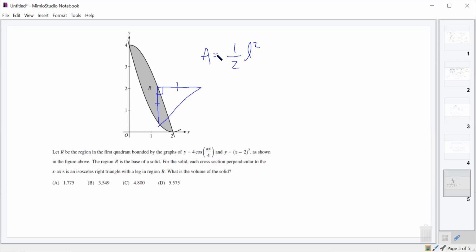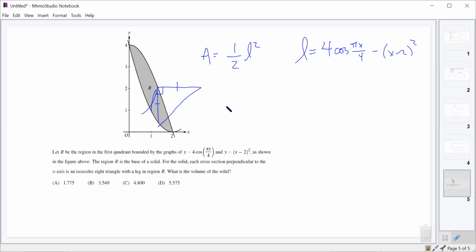So, yeah, base times height, and base and height are the same since it's isosceles. What is the length of this? Well, it's just the distance from the upper function to the lower function. So L is just the cosine function, 4 cosine pi x over 4 minus x minus 2 squared.